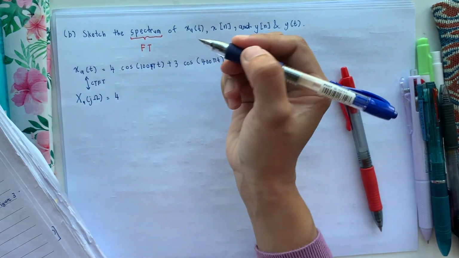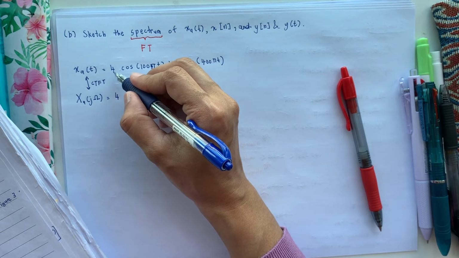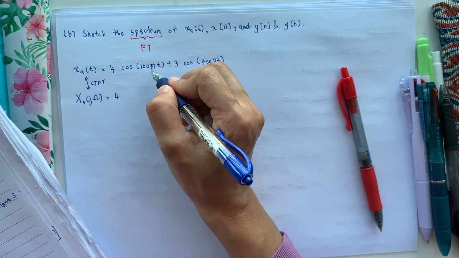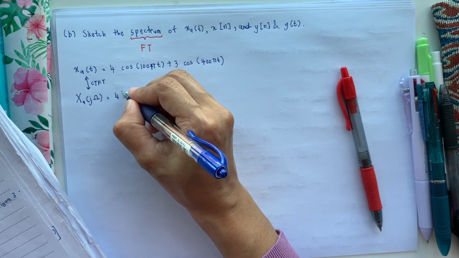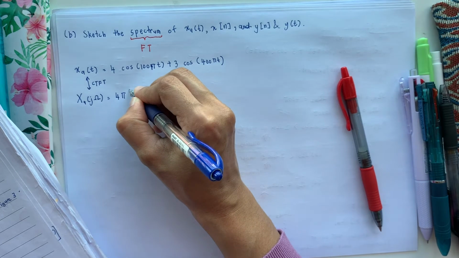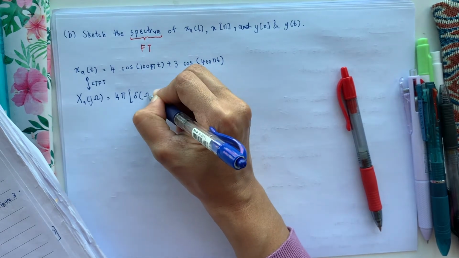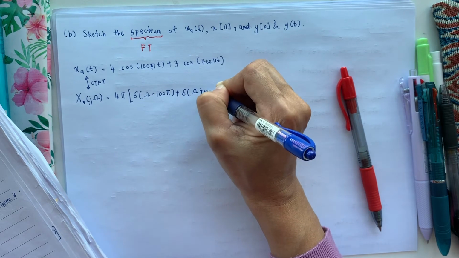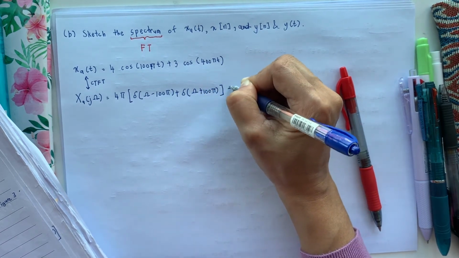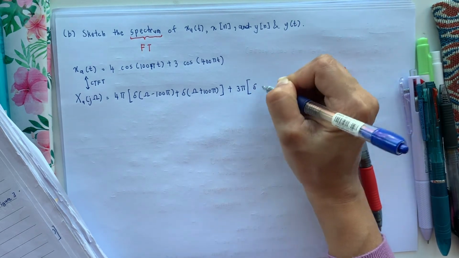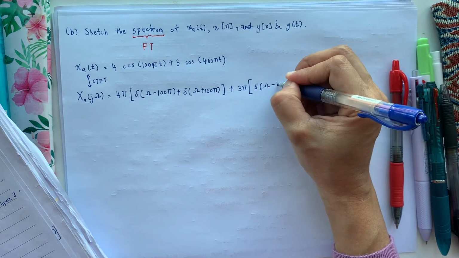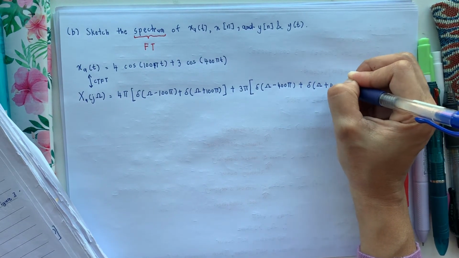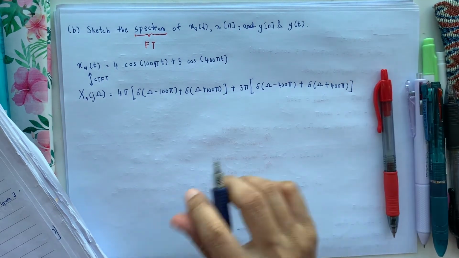The 4 remains 4, because this is the amplitude, in other words a constant, and the Fourier transform of a constant is a constant. Then we have cos 100πt. The Fourier transform of cos 100πt is π[δ(ω−100π)+δ(ω+100π)], plus 3π[δ(ω−400π)+δ(ω+400π)].